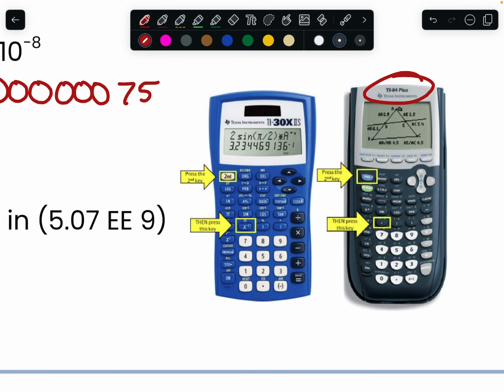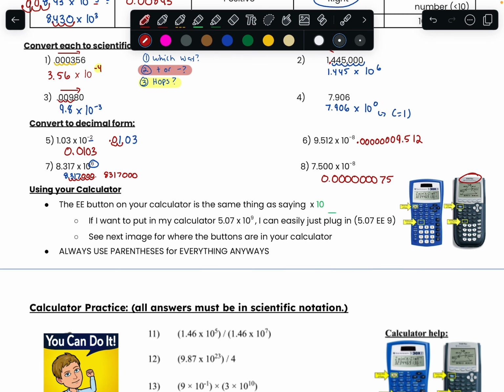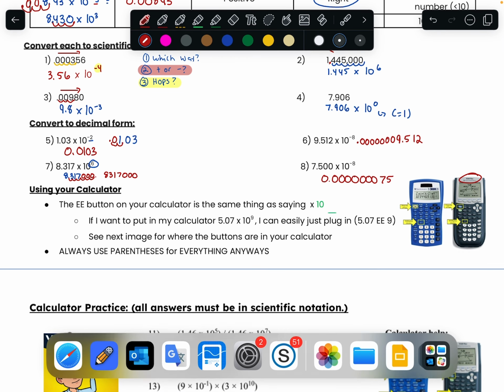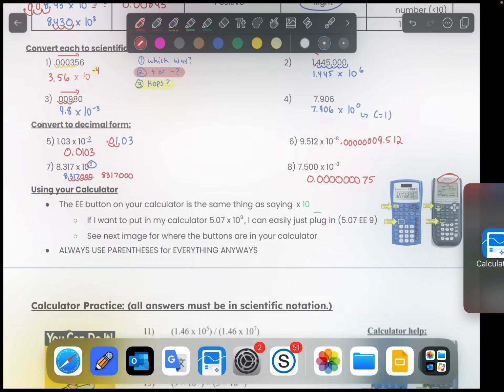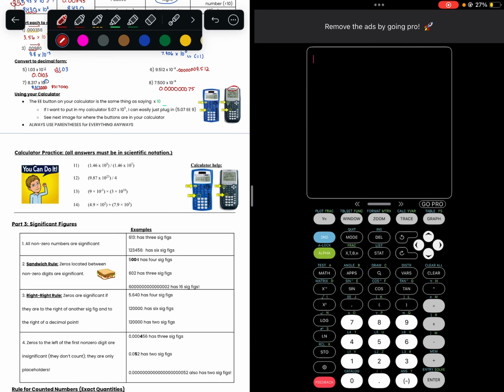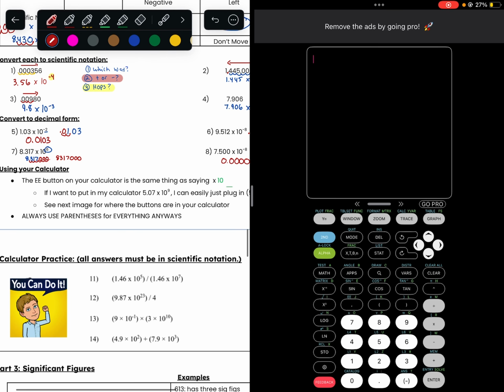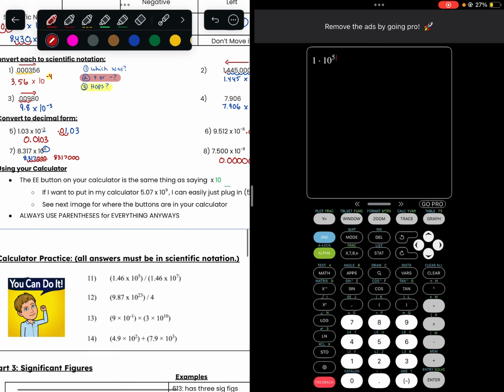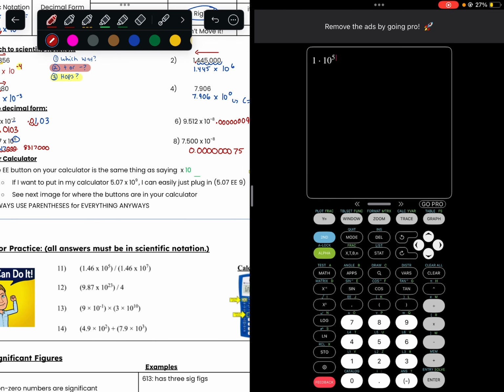Whether you're using either of these, when we're plugging things in with scientific notation on our calculator, it's really, really important that we utilize the right functions. So I'm going to pull up my own scientific calculator here. When you're typing into a calculator, you might feel really tempted to use the times 10 caret function. But in my class we're not going to use the times 10 button.